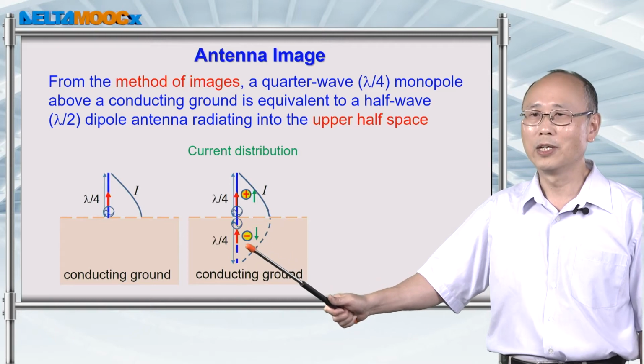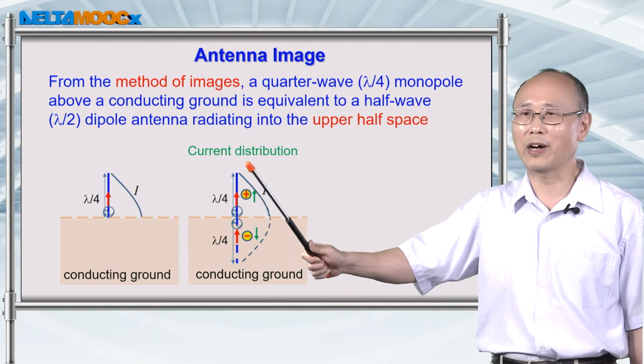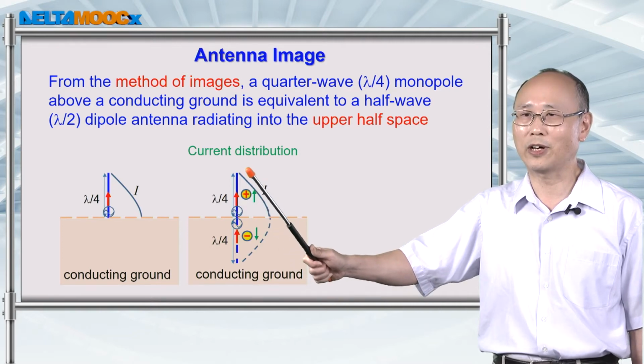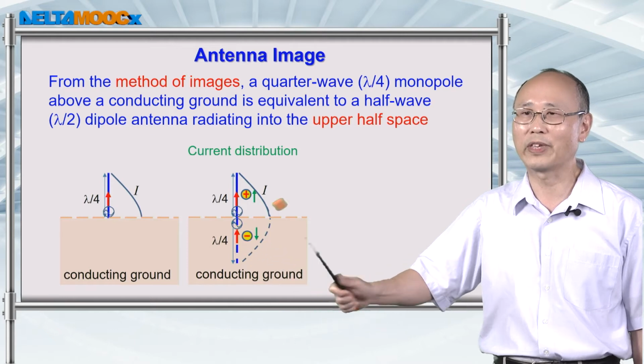So this means that when you have a current moving upward for this section of the antenna, the image of the charge will create another section of antenna with a current also moving upward.